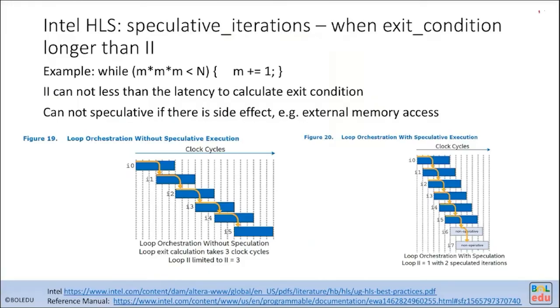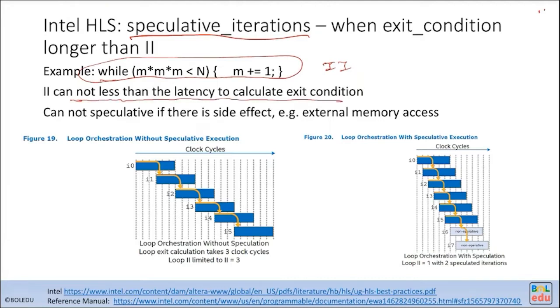Okay, let's look at the next example. That's called speculative iteration. For example, this code. The pipeline II cannot be less than the latency to calculate the exit condition.